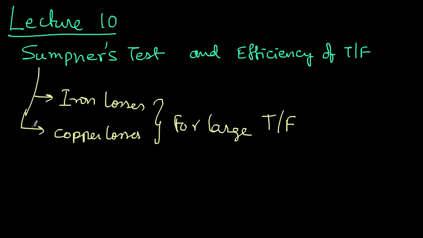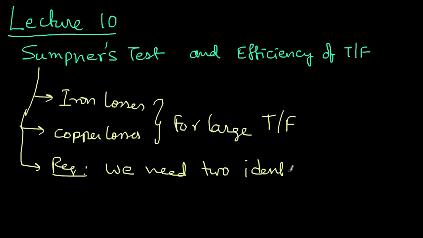One requirement is that we need two identical transformers. When we have two identical transformers, we can use them in one single experiment and find the iron losses and copper losses for the two large transformers.